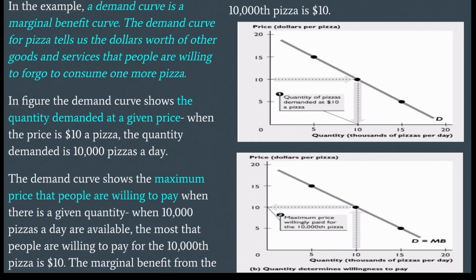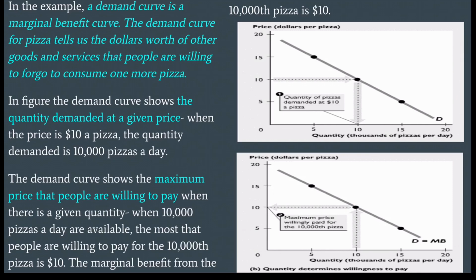In the figure, the demand curve shows the quantity demanded at a given price. When the price is $10 a pizza, the quantity demanded is 10,000 pizzas a day. The demand curve shows the maximum price that people are willing to pay for a given quantity.